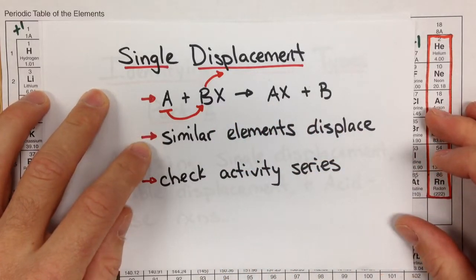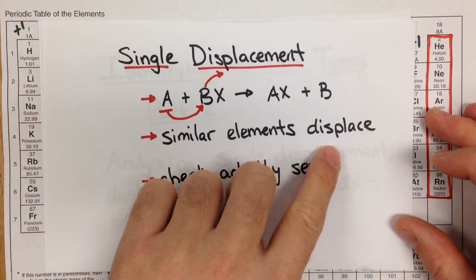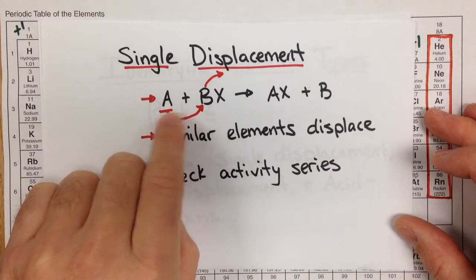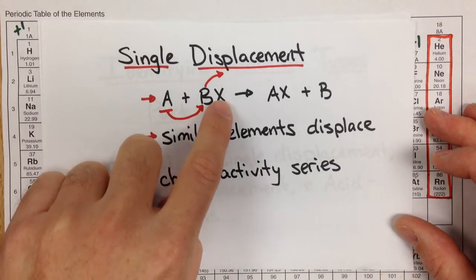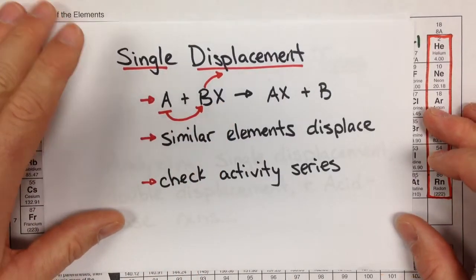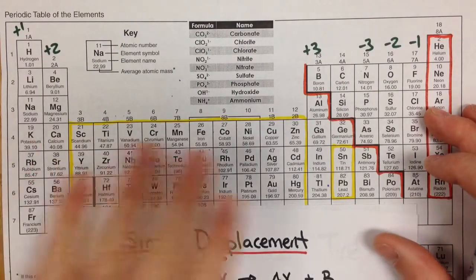In a single displacement reaction, only similar elements will displace similar elements. This general form is suggesting that A and B must be similar, but X must be dissimilar. What does that mean with respect to elements on the periodic table?